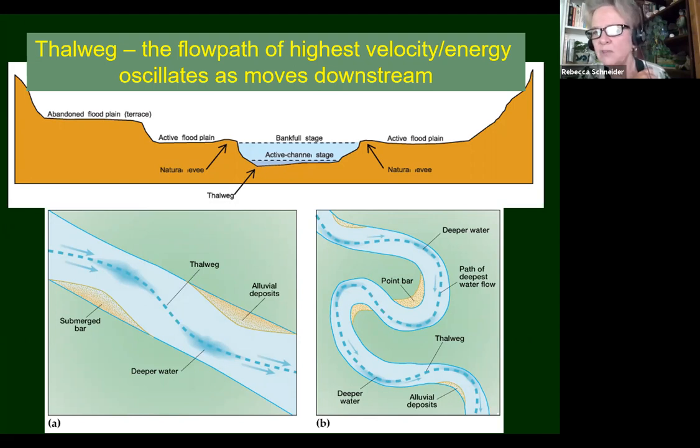It kind of moves from side to side of the stream, or oscillates as it moves downstream. And as it moves, that high energy part is the part that scours out the bank. It carries a lot of material with it. And then on the slower parts of the stream, that's where that material then settles out. And you get deposits called point bars or some kind of alluvial deposits.